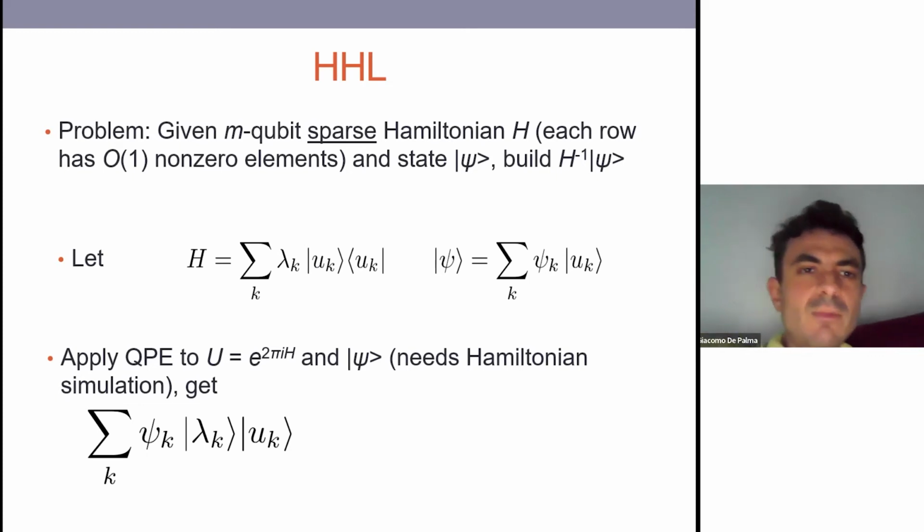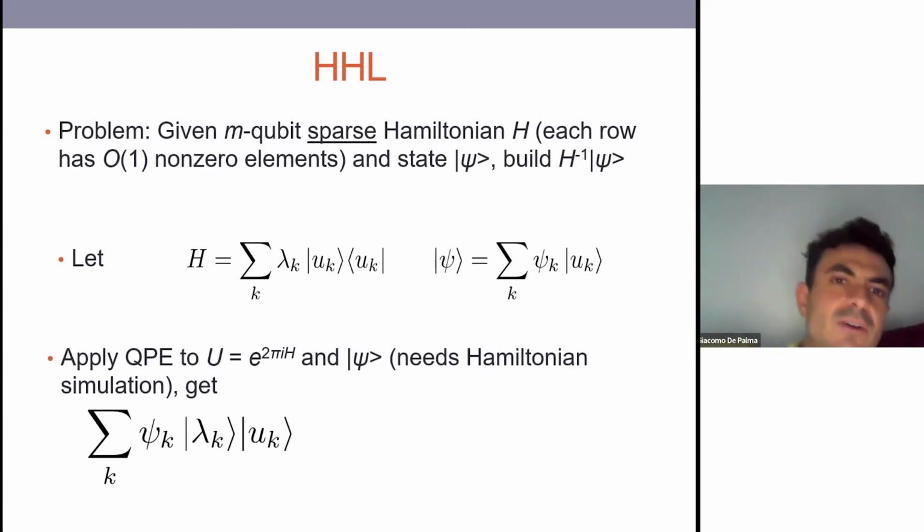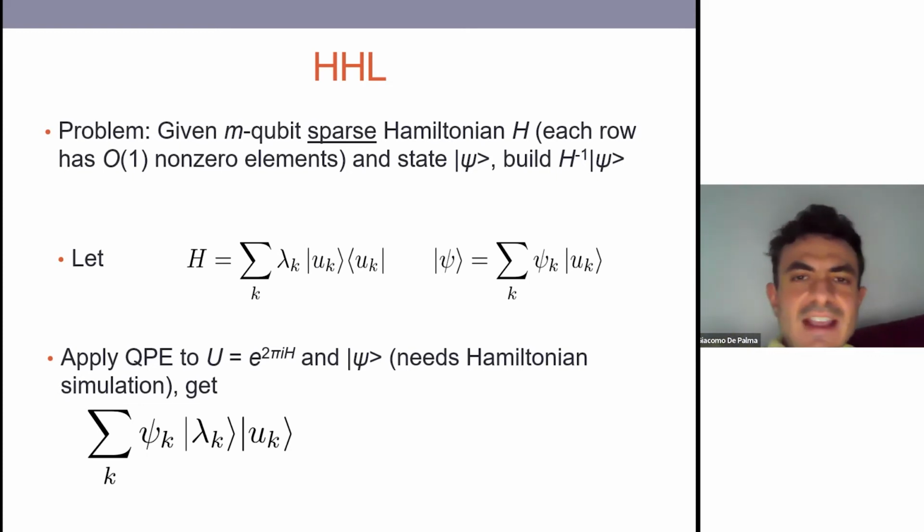So what is the problem that we are going to solve? Let's say we have a sparse Hamiltonian H that acts on m qubits, where sparse means that the number of non-zero elements of each row of the Hamiltonian is order 1.